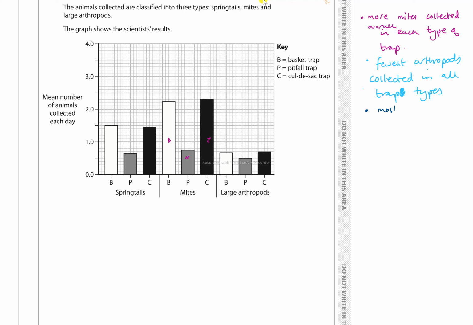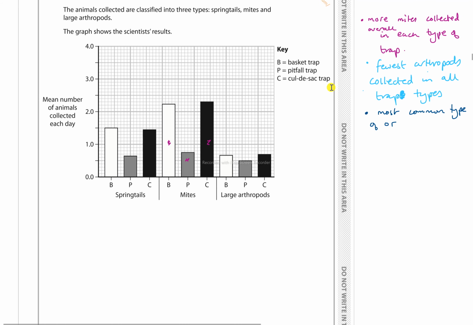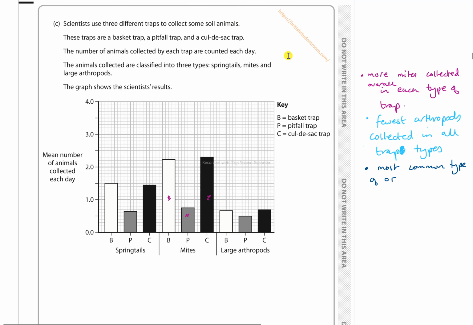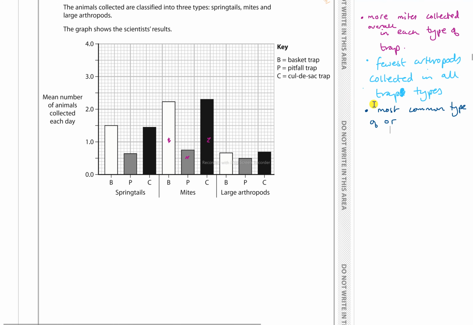The most common type of organism, what they called a soil animal, the most common type of soil animal is the mite.